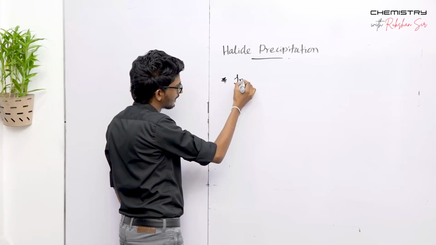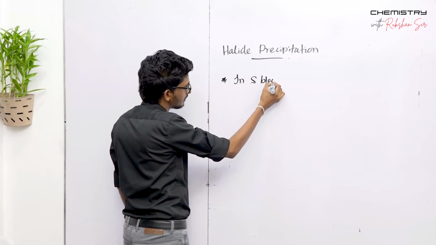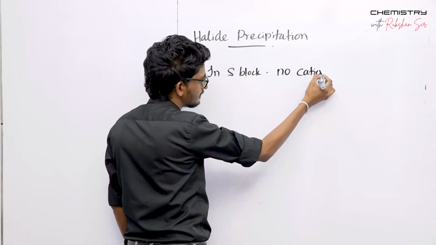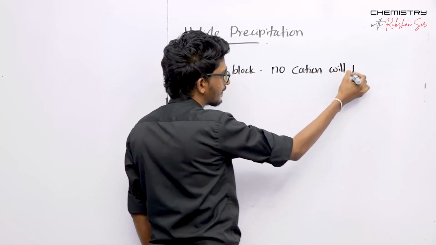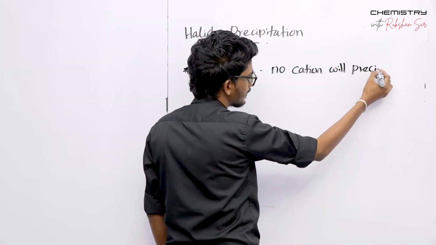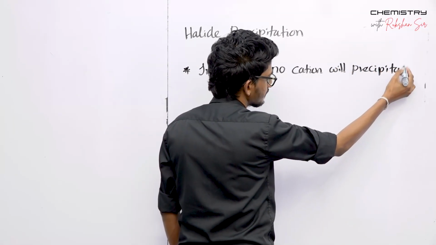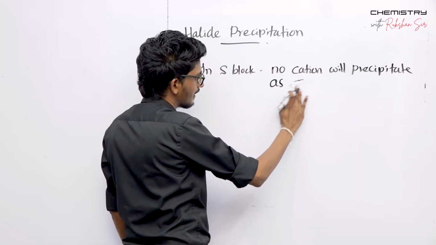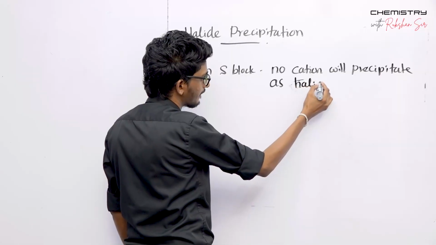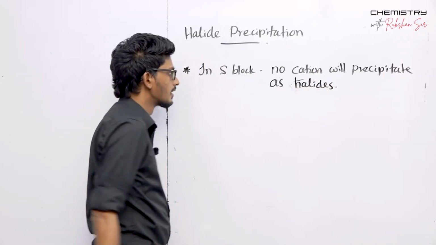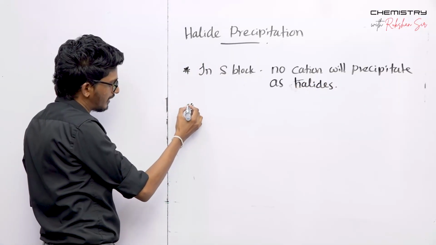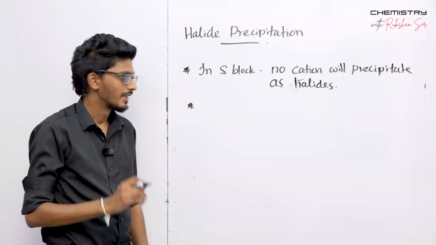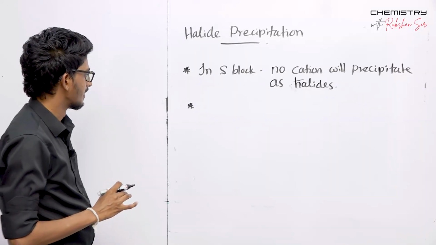In the S block, no cation will precipitate as halides. But when it comes to the P and D block, only 4 cations are able to precipitate as halides.